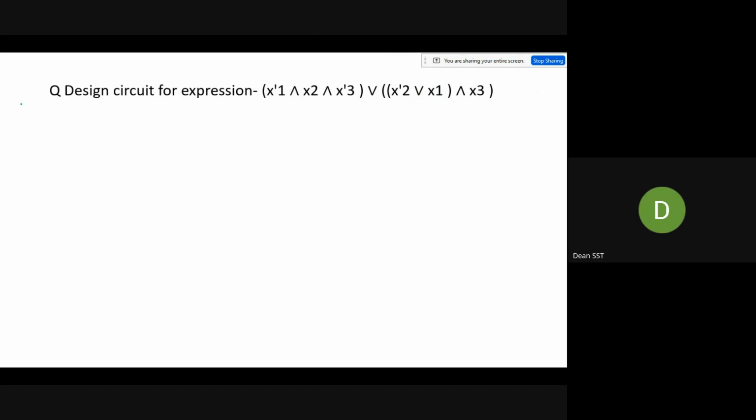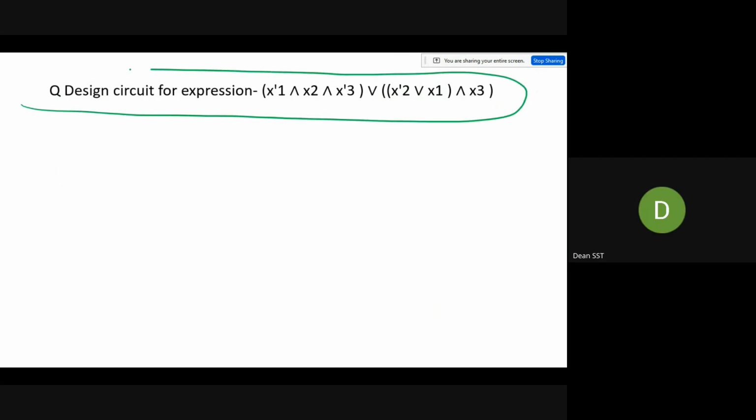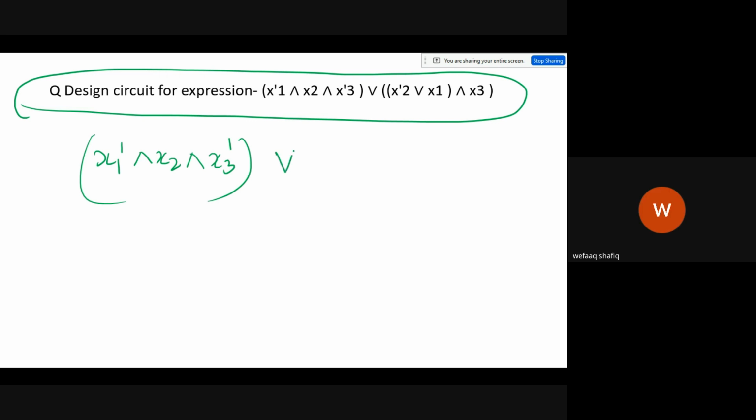Now can you create circuit for this expression? x1 ka complement and x2, and x3 ka complement, or x1 and x3 complete.